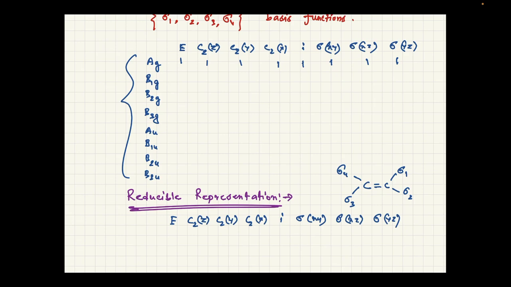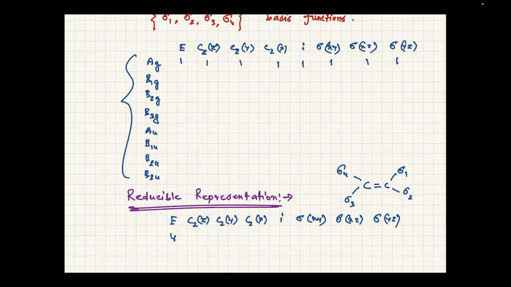If you perform the identity operation on these 4 basis functions, then the 4 basis functions will not alter their position. So all 4 basis functions will contribute to the diagonal. So the total character will be 4, right? Like this, 1 1 1 1. The trace is the character, so the trace will be 4.